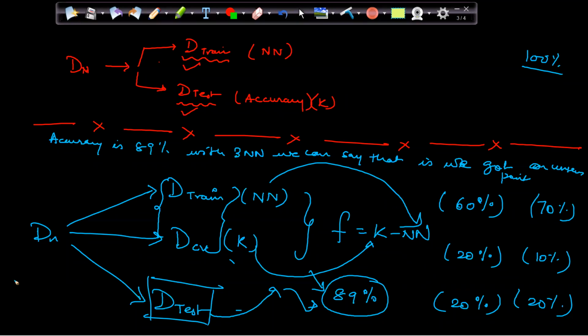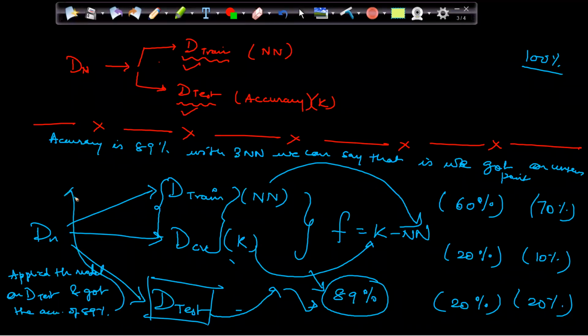So here I can say I applied the model on d test and got the accuracy of 89%. And 100 minus 89, that is 11.